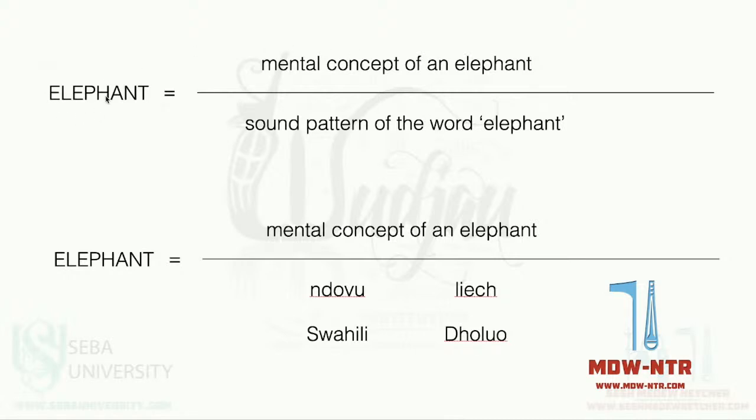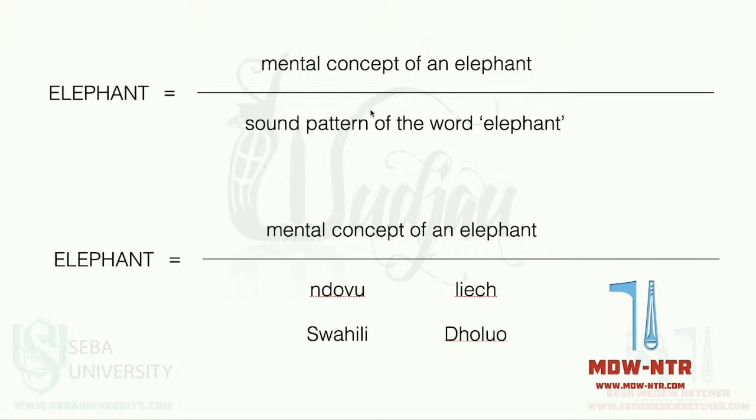Anybody speaking English who hears me say elephant hears the sound pattern. But because they have the whole sign stored in their mind, when I just pronounce the sound pattern, that triggers the concept of the large gray animal in their mind. That's how language works.